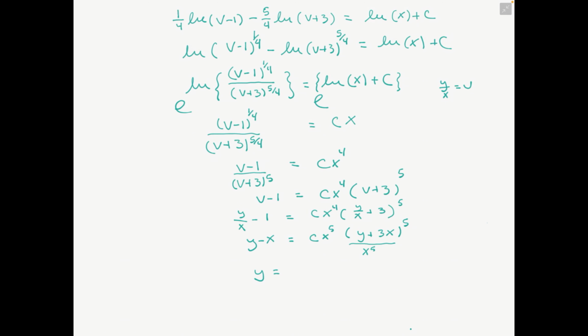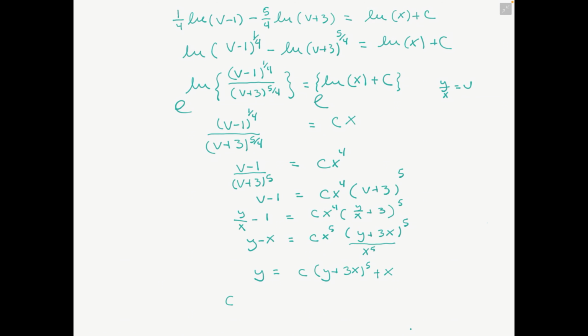And we have y equals c y plus 3x to the 5th minus x, or plus x. Or we could just leave it the way it was.